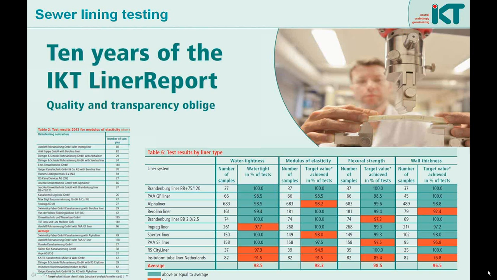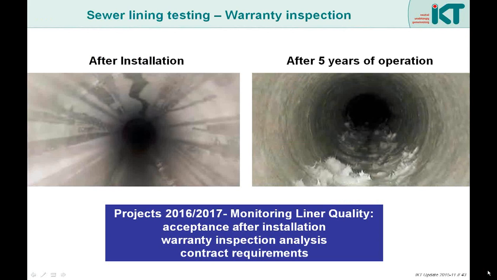We have been doing these checks for the municipalities for years, and comparing the results over the years, it became quite clear. Regular quality checks by the customer lead to an increase of quality and reliability. And that's true for all kinds of material properties, be it wall thickness, elastic modulus, creep behavior, or water tightness.